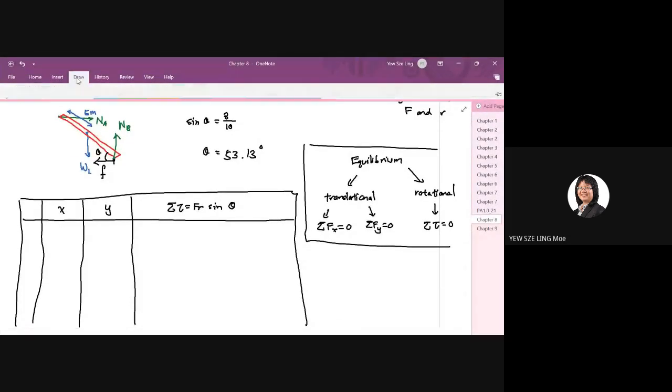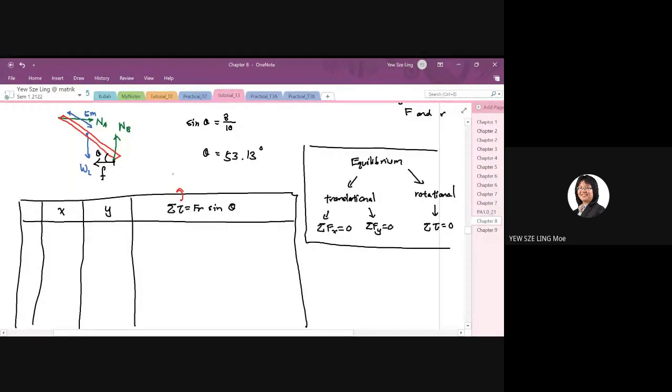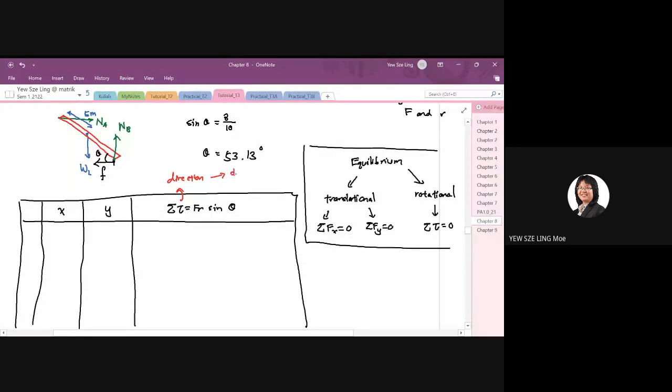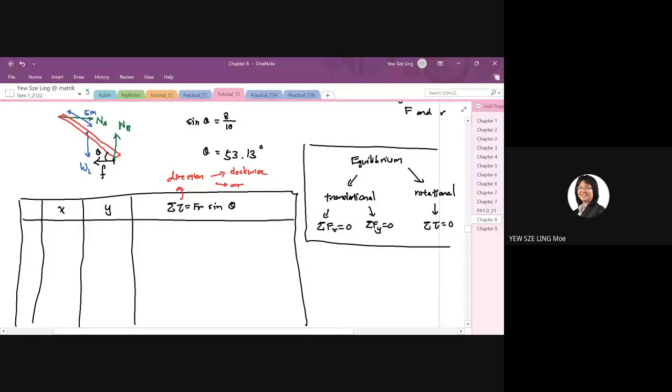Now, one thing that you need to remember when it comes to torque is that we determine the direction. This direction has nothing to do with the x-axis and y-axis. We determine it by looking at whether it is clockwise or anti-clockwise.